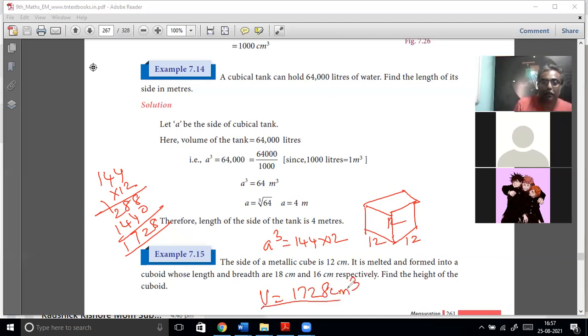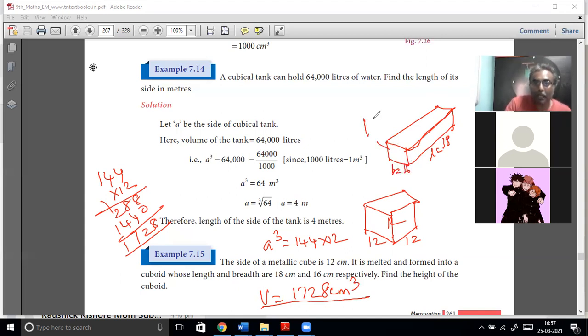Now this is converted into a cuboid. The length is 18, breadth is 16. What is the height it is asking? When you are converting it, the volume of the cuboid is the same as the volume of the cube.